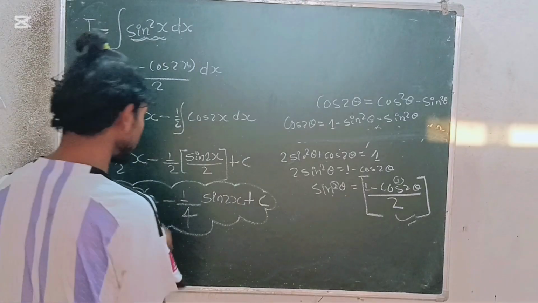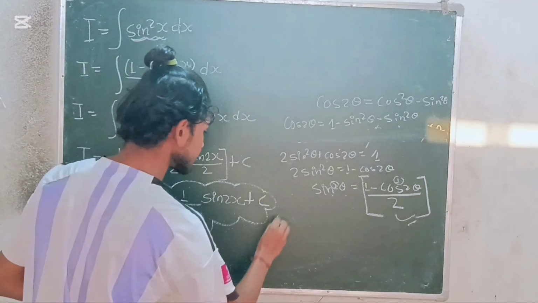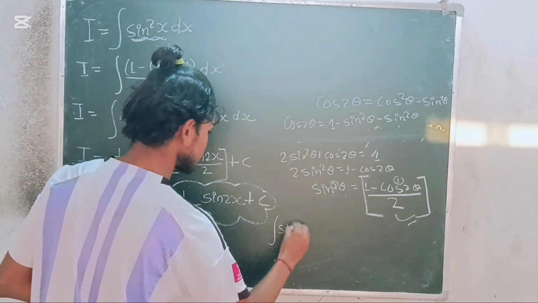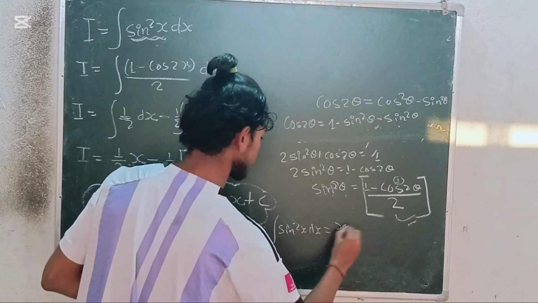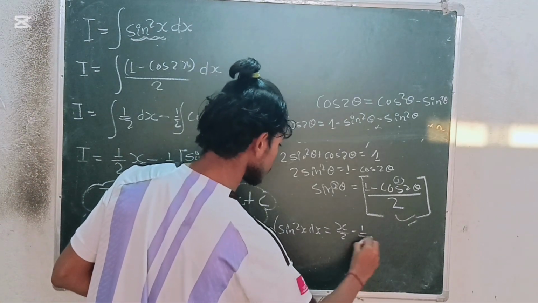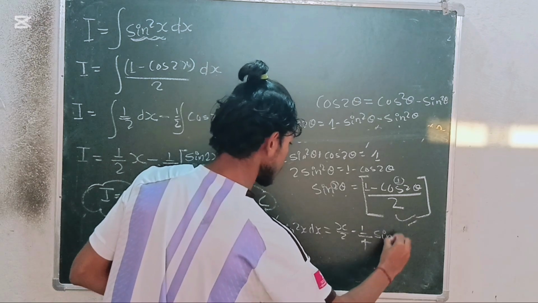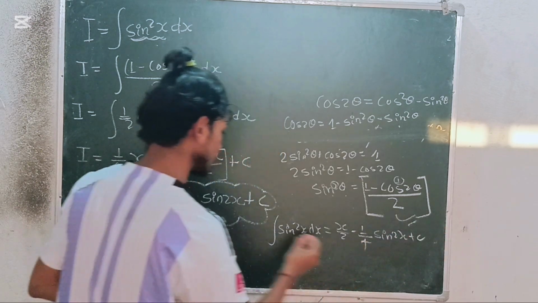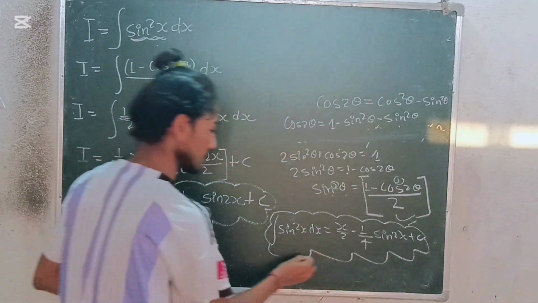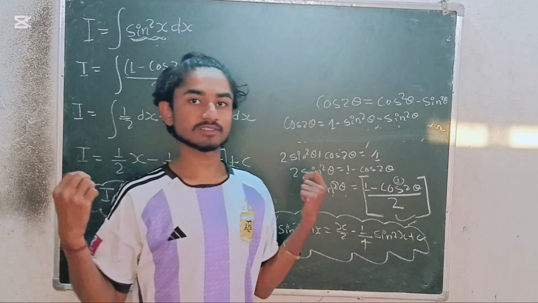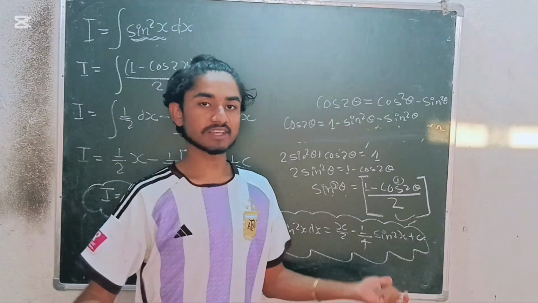So what we have found is that the integral of sine squared x dx is x by 2 minus 1 over 4 sine 2x plus some constant c. So this is the easier one, right? Up to there, bye bye.